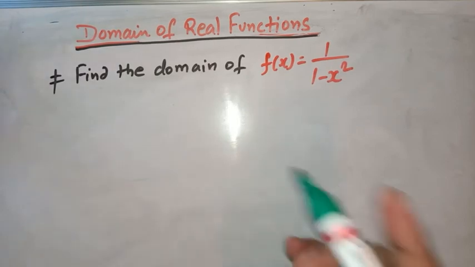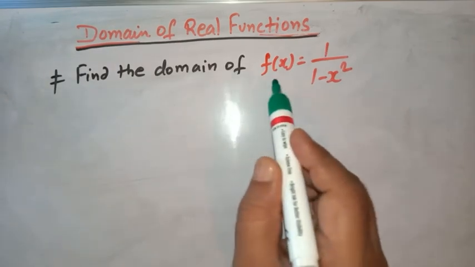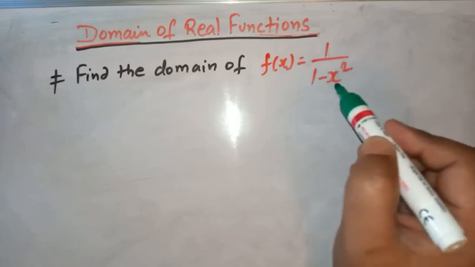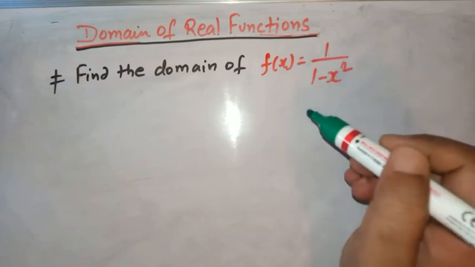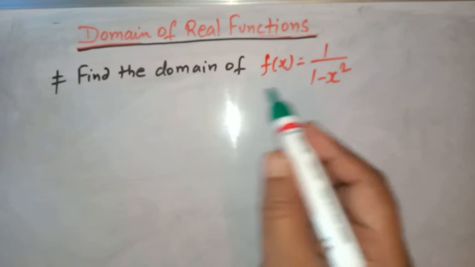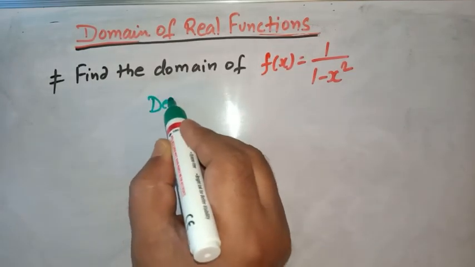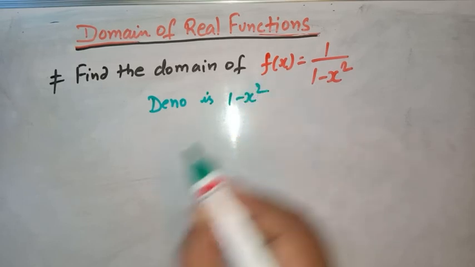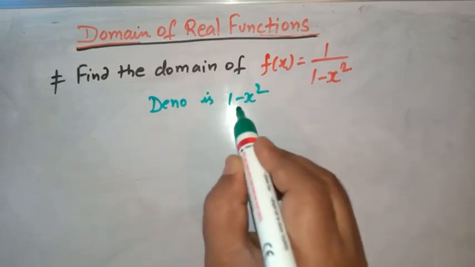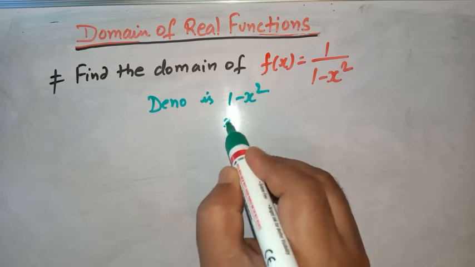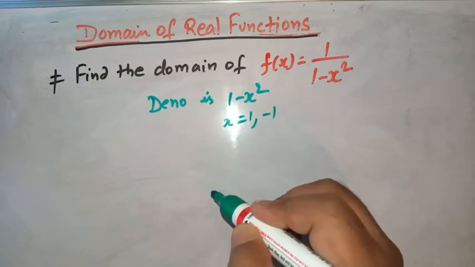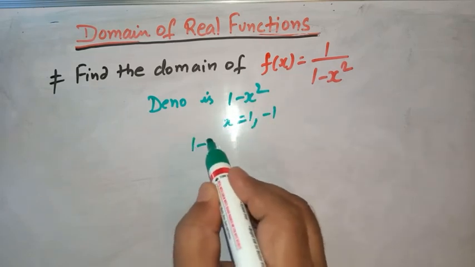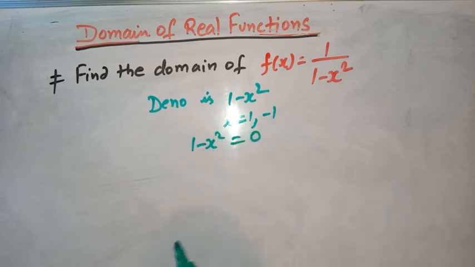Viewers, let us take this problem. Find the domain of f(x) = 1/(1 − x²). Obviously here the denominator is 1 − x². The denominator becomes 0 for x equal to 1 and −1, which can be seen by solving 1 − x² = 0.